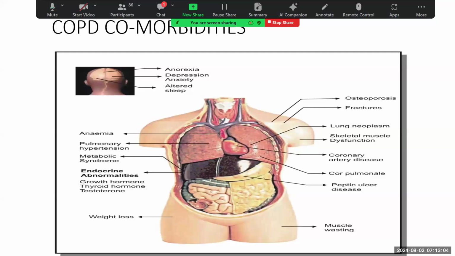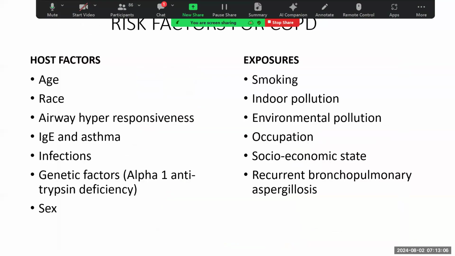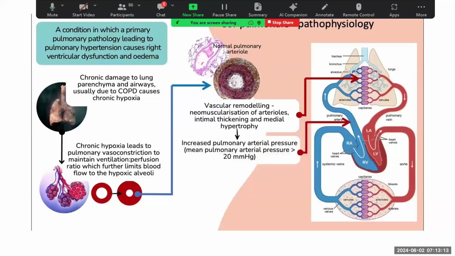So this is just a picture of some of the comorbidities that can be associated with COPD, and these are risk factors of COPD. I've mentioned some of them before. So in the pathophysiology of COPD, we know there is destruction of the alveoli and narrowing of the airway, and that can lead to severe hypoxia.